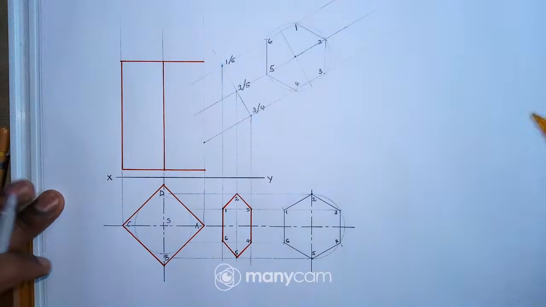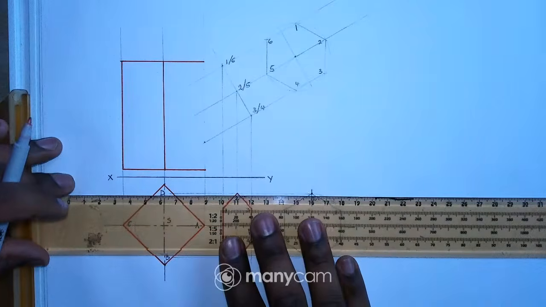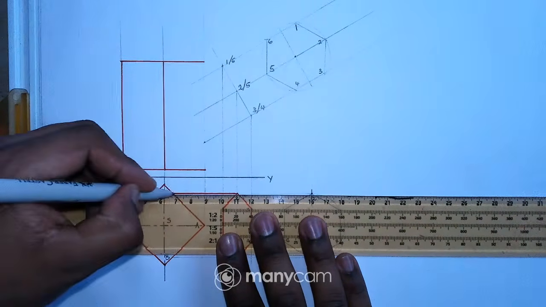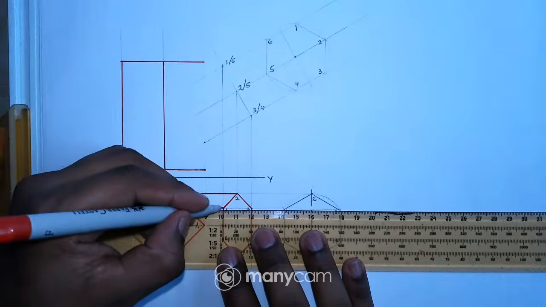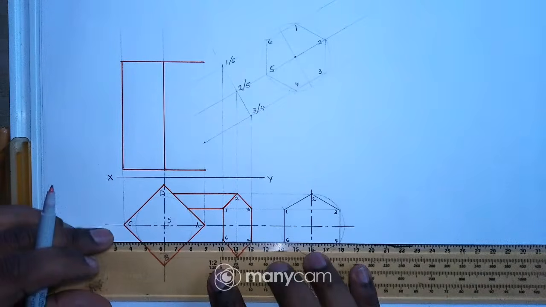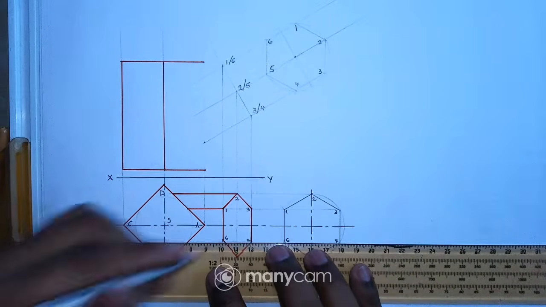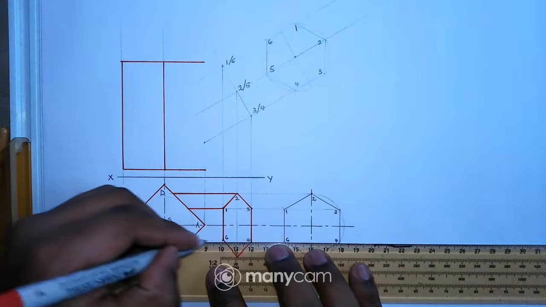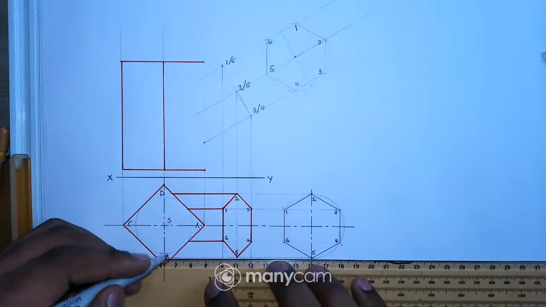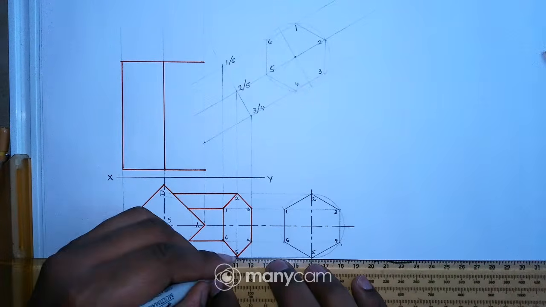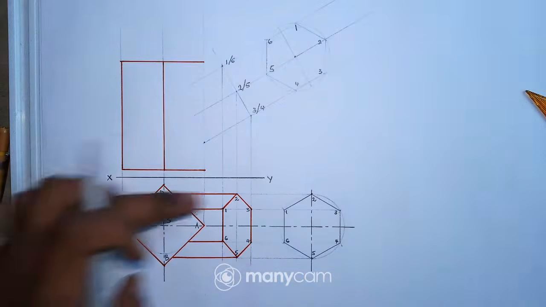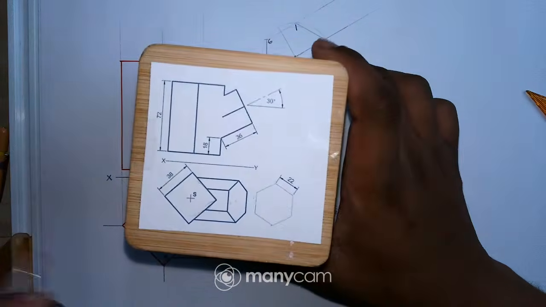And then now I'll just complete my top view by drawing in those lines right there. Okay, so this is my top view is complete, as you can see there, right?